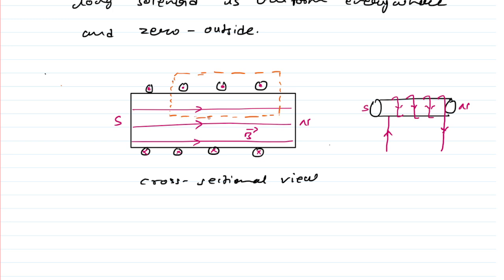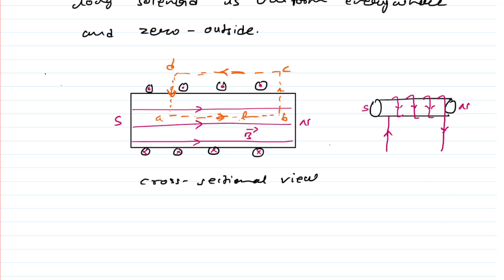Let us name it A, B, C and D, and let us say the length of this Amperian loop is L, and the loop is in this direction.